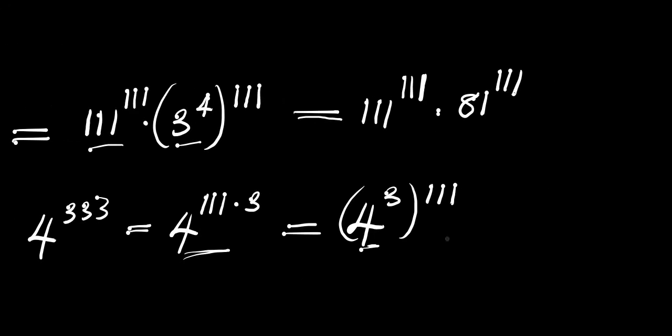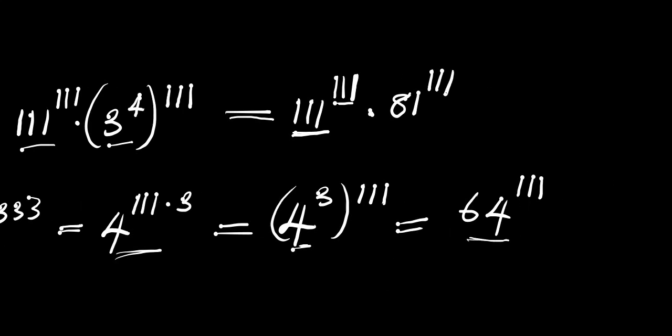So we have this equals 64 to the power of 111. Now look at it here. You have this number here, 111 raised to the power of 111 times 81 raised to the power of 111. And you are only comparing it against 64 raised to the power of 111.